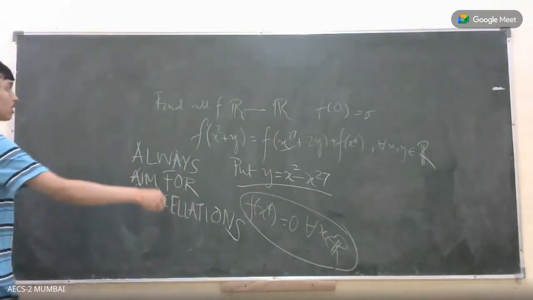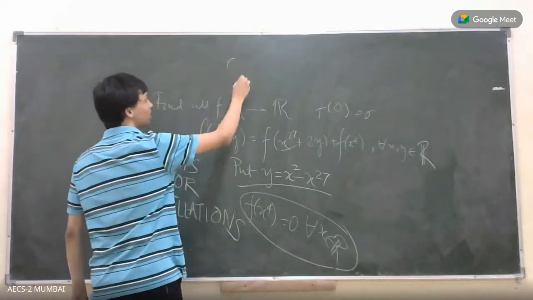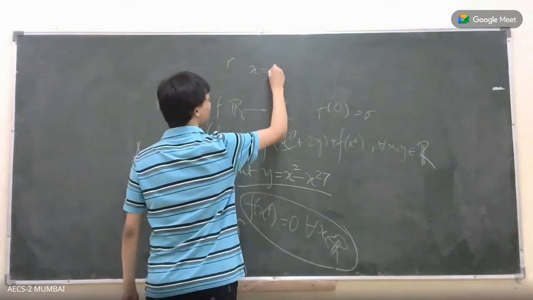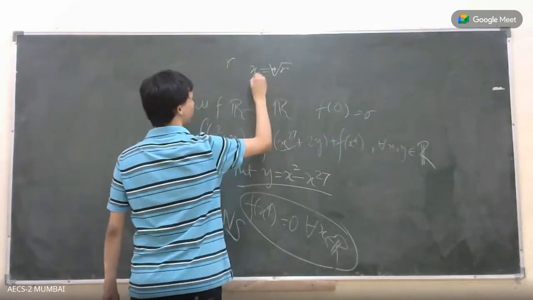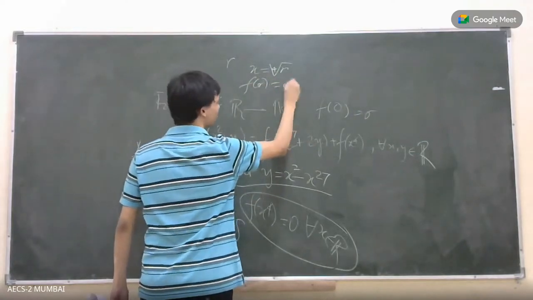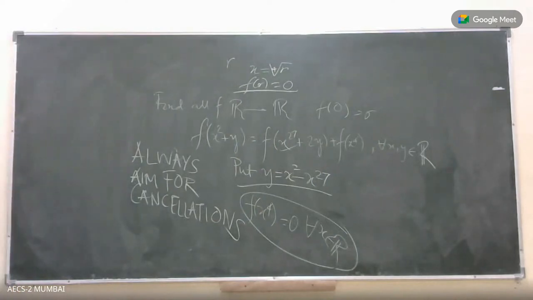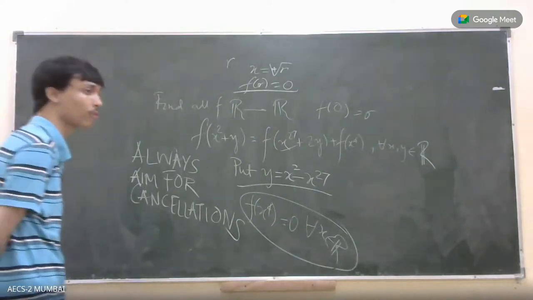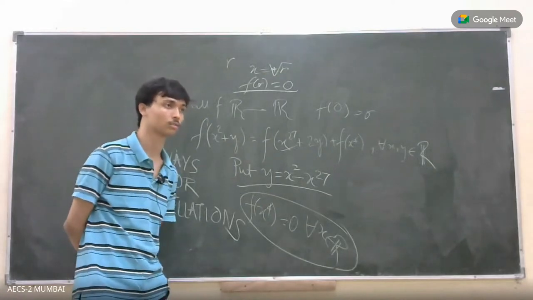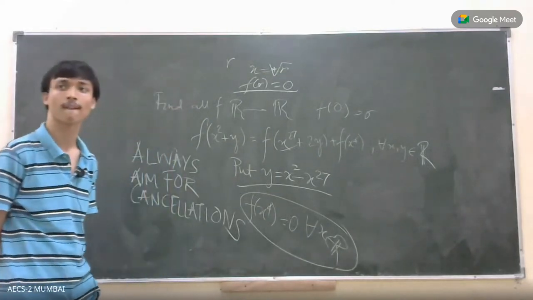That if I have any positive real number r, then I can put x equal to the fourth root of r, and I will get f of r equal to 0. Am I clear?